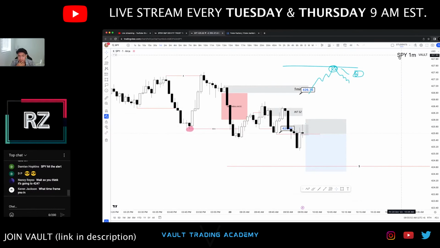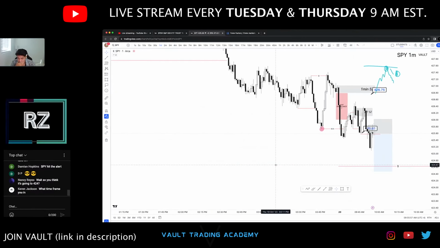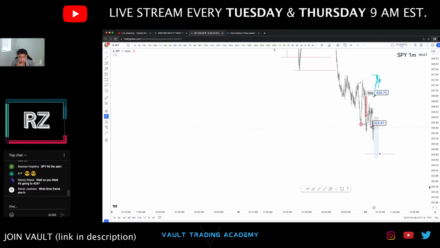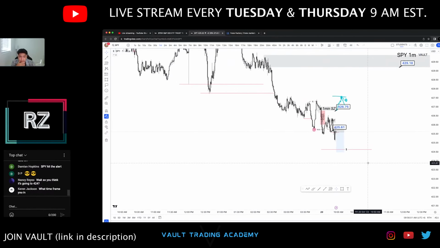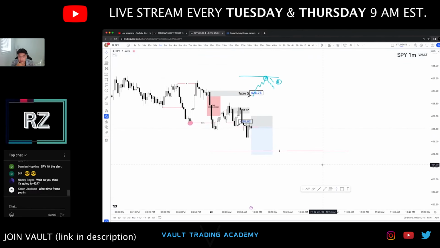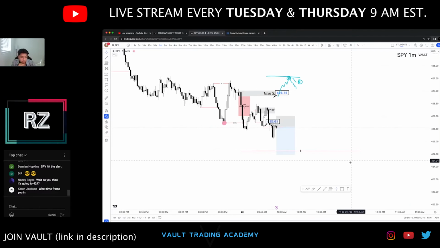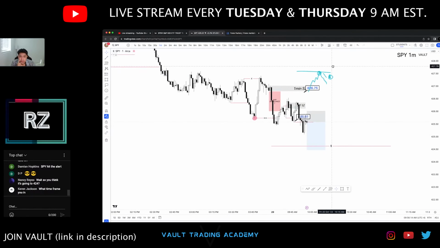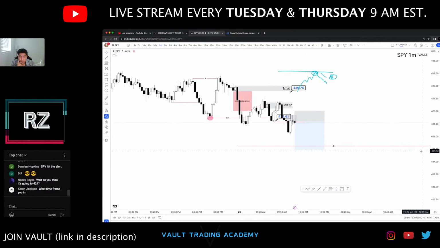It's on the far right hand side. Wait, so you think it's going to 424? Right here? No, it's just pretty much what I'm willing to put in. And so on this one, I would say it can go as low as 423. But yeah.